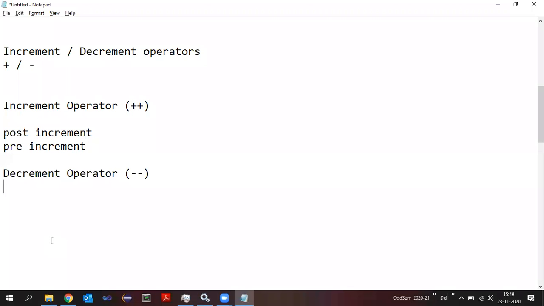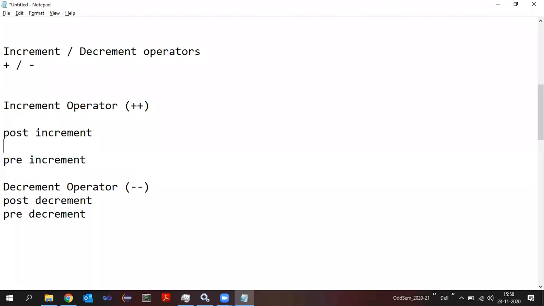In the same way, in the decrement also we have two types, post decrement and pre-decrement. You might know the meaning of the words post and pre. Post means after, pre means before, right? So incrementing after is post increment. Pre means increment it before.